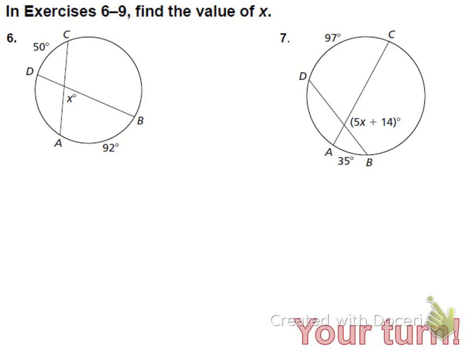I think it's correct. So, when we subtracted, it's because the only ones that go together are the ones that are in a straight line. So this one, this one, this one.